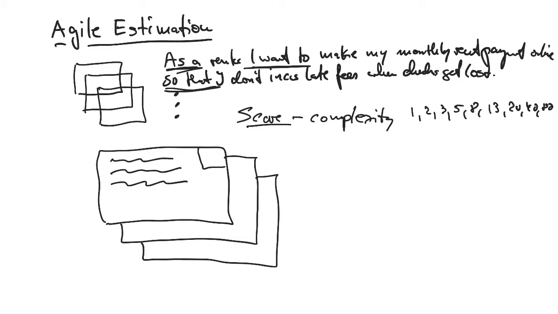The reason why we use that scale is because it is not equidistant. It's a non-equal interval scale, and it basically means that it draws the simple stories and the complex stories away from the pack. If you use a regular scale from 0 to 100 or 0 to 10 or some other type of linear scale, there is a tendency that the majority of the stories tend to be scored close to the mean.